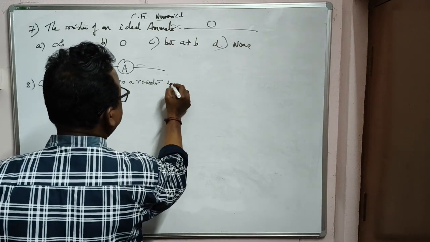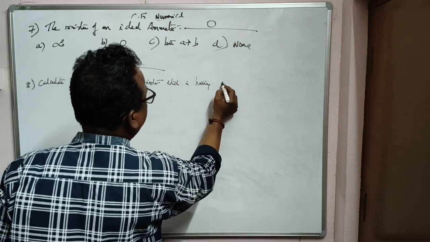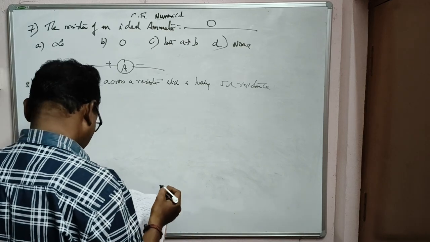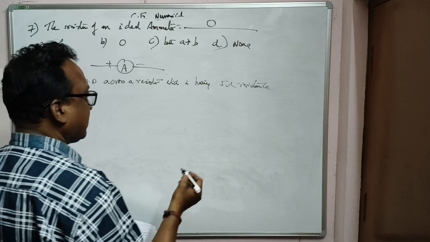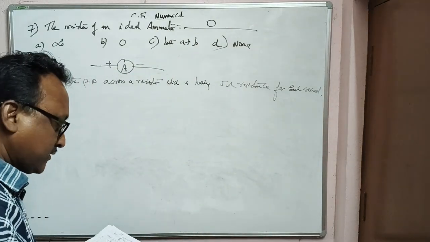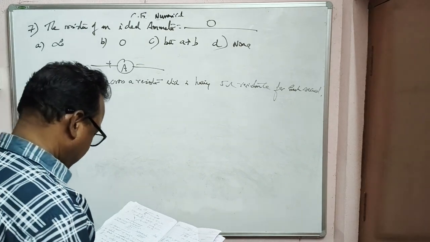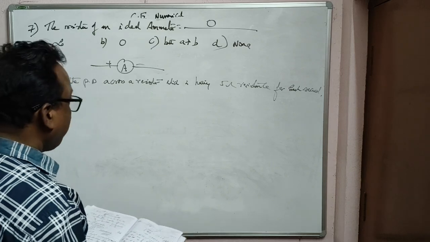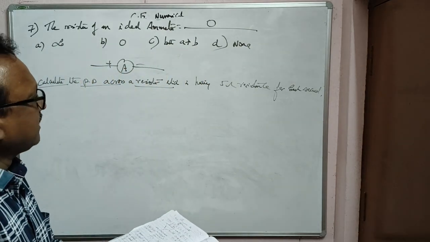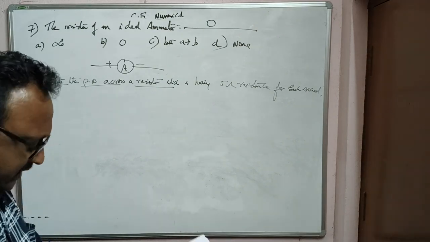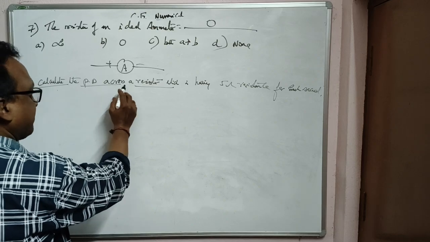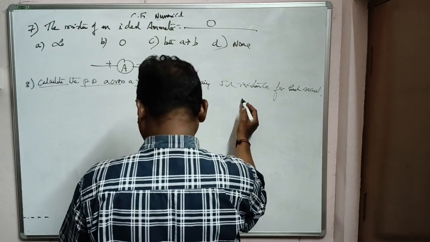Calculate the potential difference across a resistor which is having 5 ohms resistance, for each second.